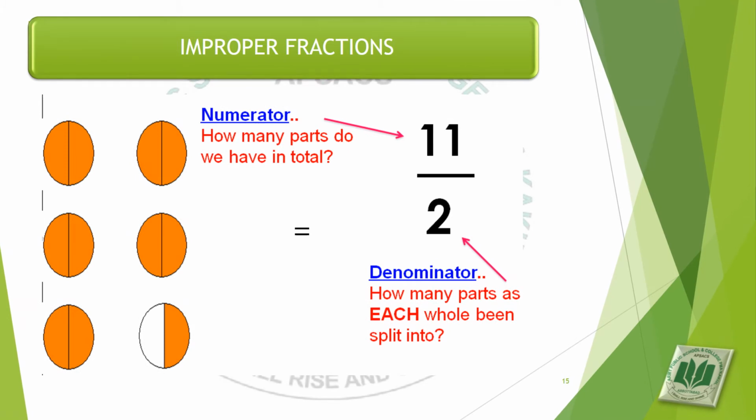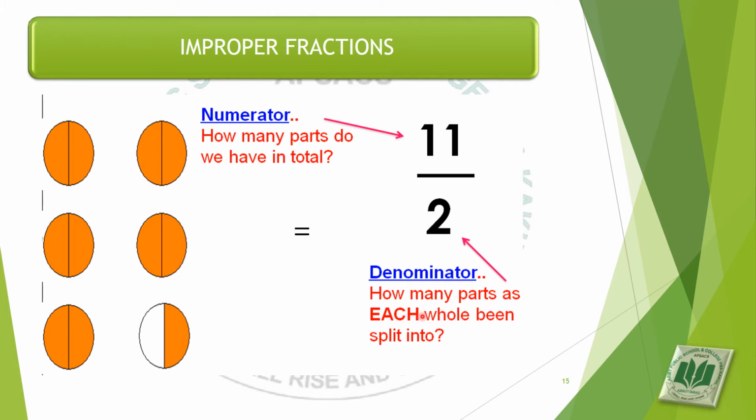Students, the things to remember in improper fractions are how we get the numerator and the denominator. So, what is the numerator in an improper fraction? As you know, numerator is the top number. And how do we get it in an improper fraction? Numerator is how many parts we have in total. And what is the denominator in an improper fraction?